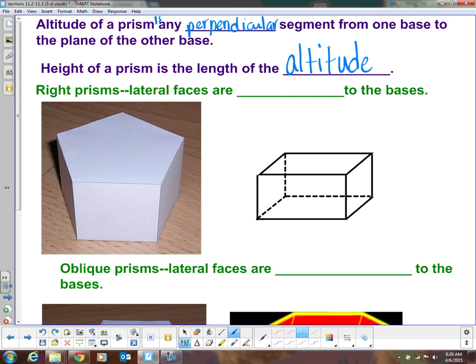Now, we have right prisms and we have oblique prisms. In right prisms, the lateral faces are perpendicular to the bases. That means every one of these rectangular sides is perpendicular. This is a right pentagonal prism.